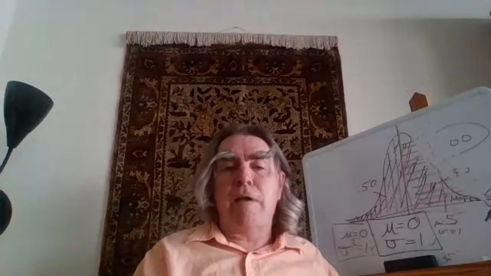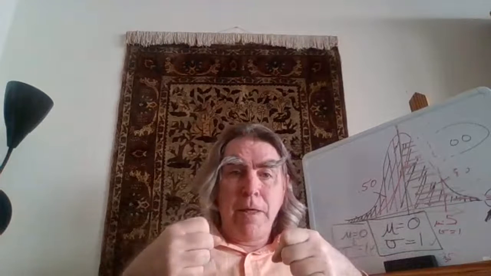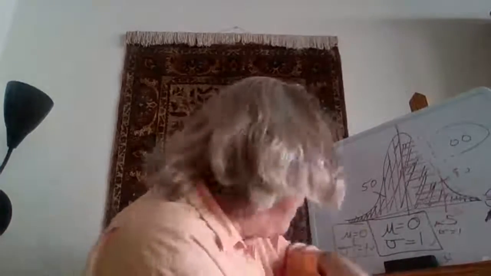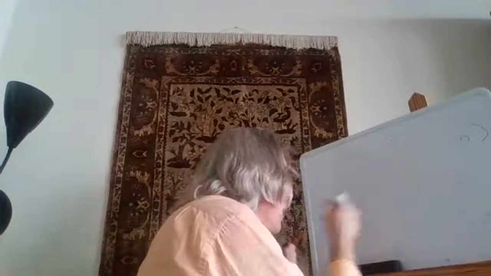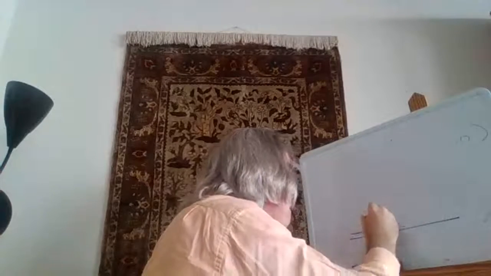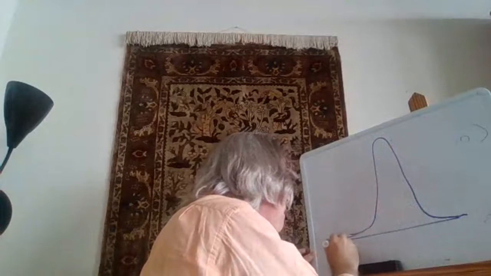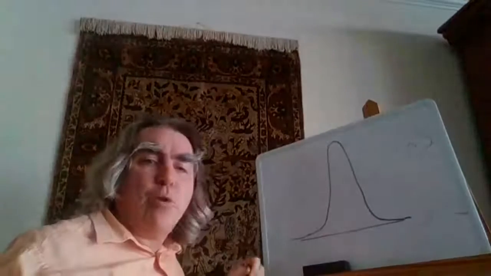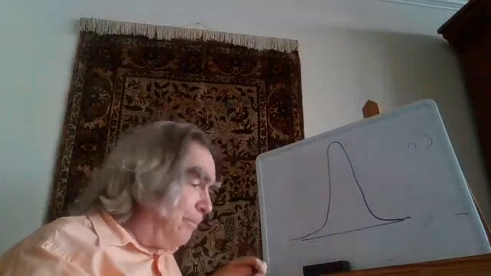The second thing is how wide it is, how much variation there is inside of there. It could be a bell-shaped curve that is very narrow, and I will draw one that is very narrow. Okay. This would be an illustration of a normal curve that would be relatively narrow.